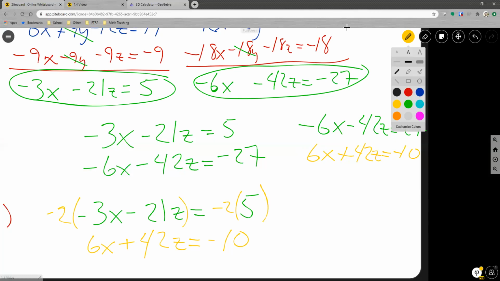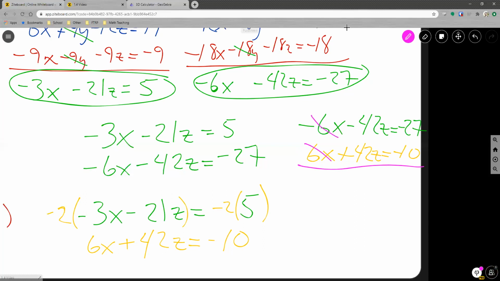If we combine these, negative 6 plus 6 cancels. That's what I wanted to do, but as you can see, negative 42 and positive 42 also cancel, so the left side of the equation becomes 0, while the right side is negative 27 and negative 10, which becomes negative 37.